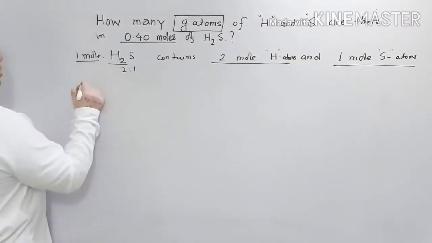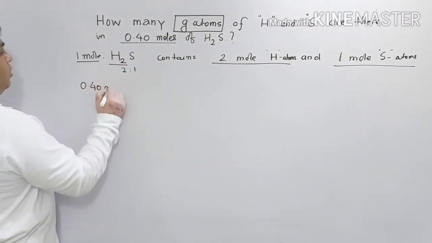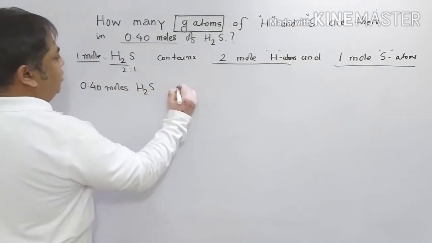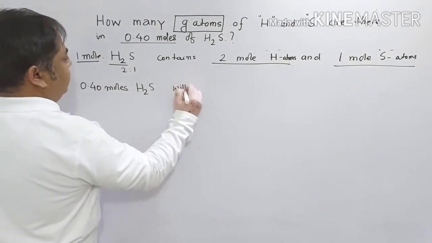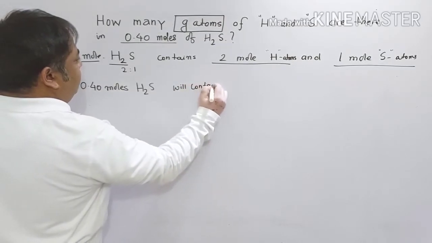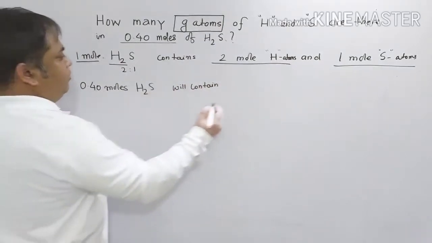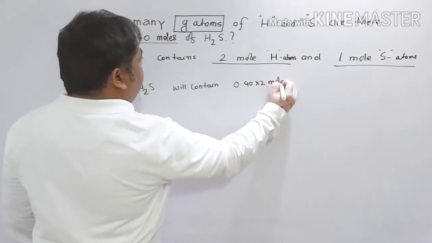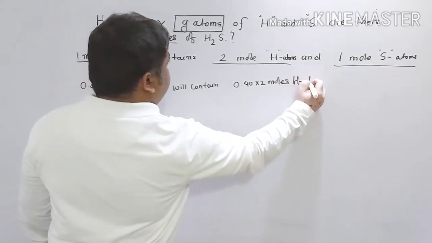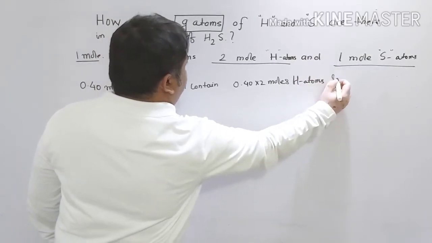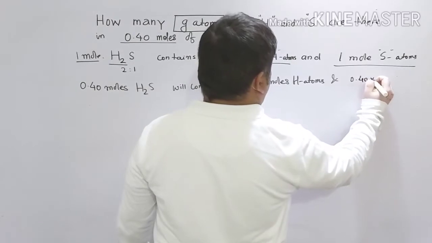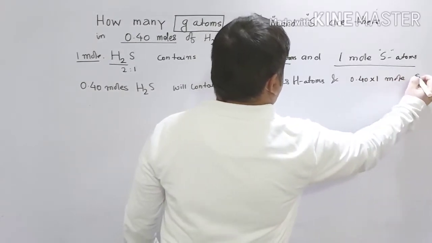It is given 0.40 moles H2S will contain 0.40 into 2 mole hydrogen atoms and 0.40 into 1 mole sulfur atoms.